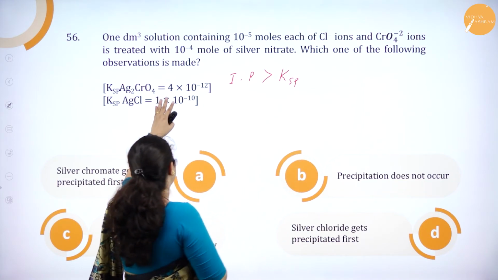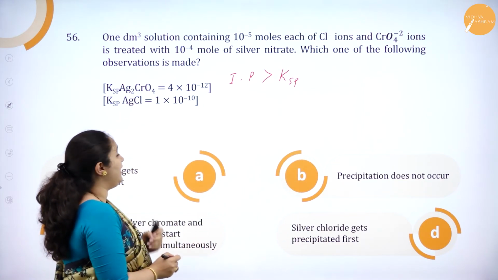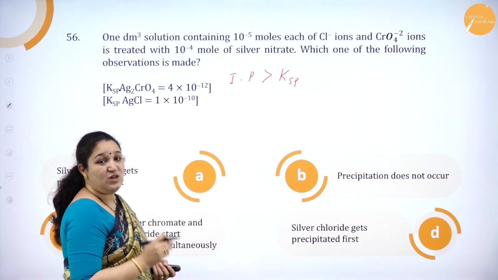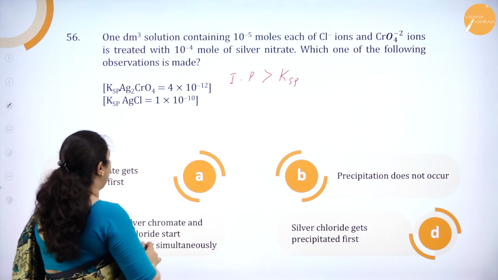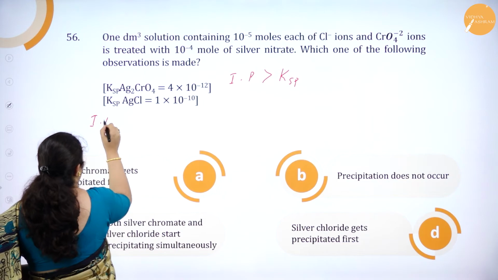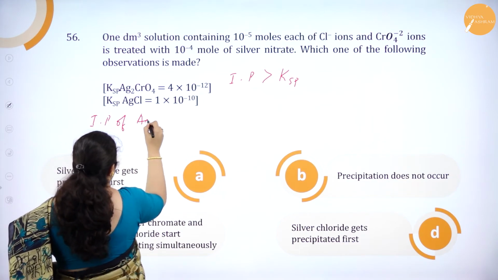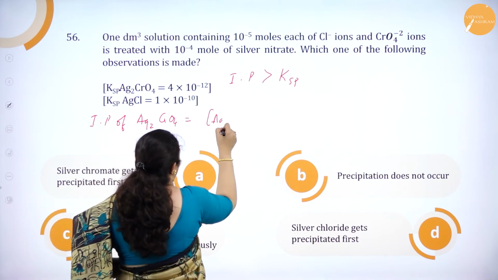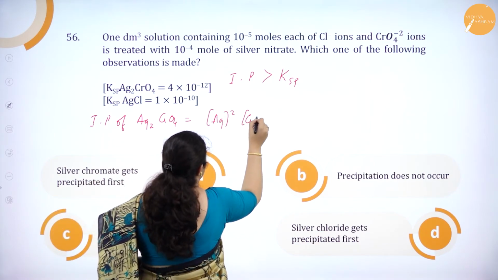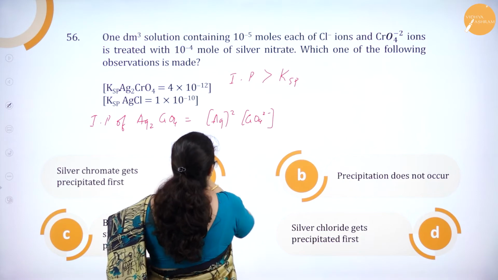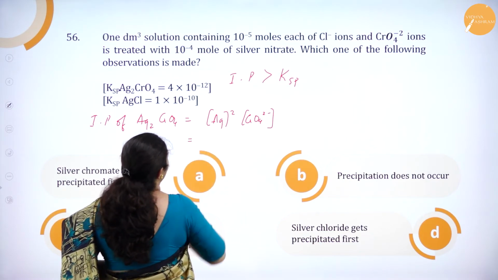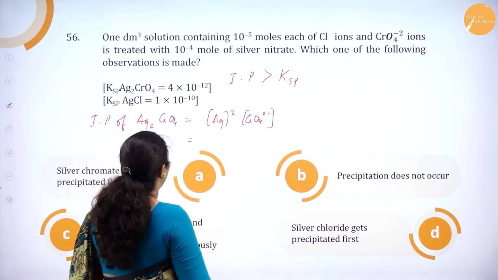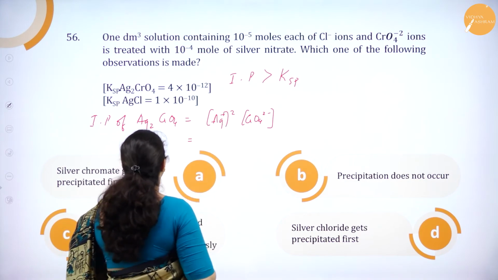And they have given us the solubility product of AgCl and Ag2CrO4. So, we will find out the ionic product. So, first the ionic product of Ag2CrO4 is equal to Ag plus squared into CrO4 2 minus. Sorry, Ag plus I have to write.